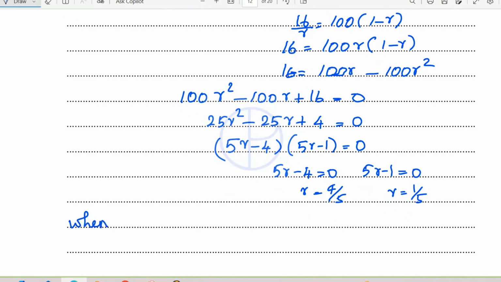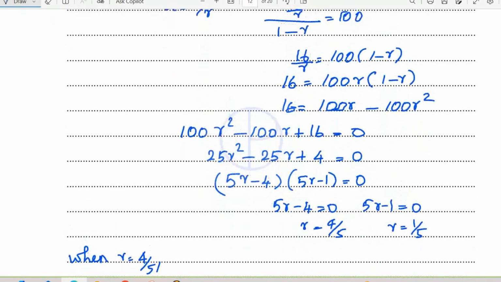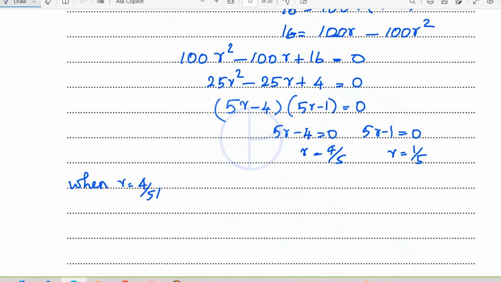So when r is equal to 4 over 5, let's find out what is the value of a. A is 16 divided by r, which is 20.